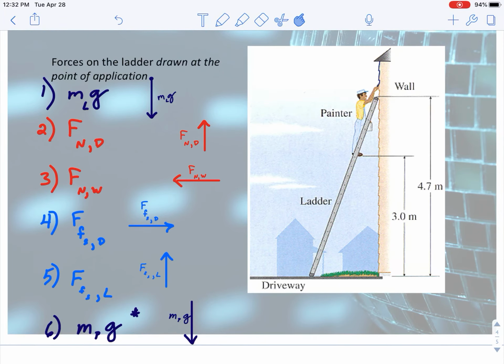Now, looking at the forces drawn at the point of application, what we want to consider is whether or not the ladder would start to rotate about its center of mass, which is slightly different than actually having the center of mass accelerate. So now I take these forces and ask, where do they go?